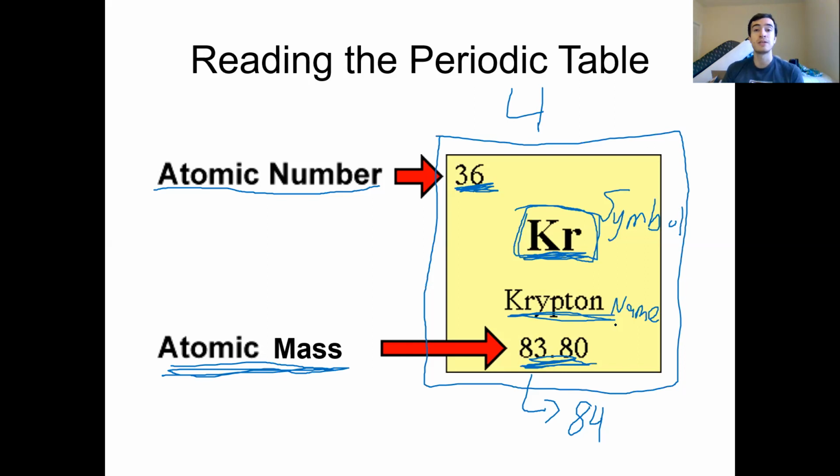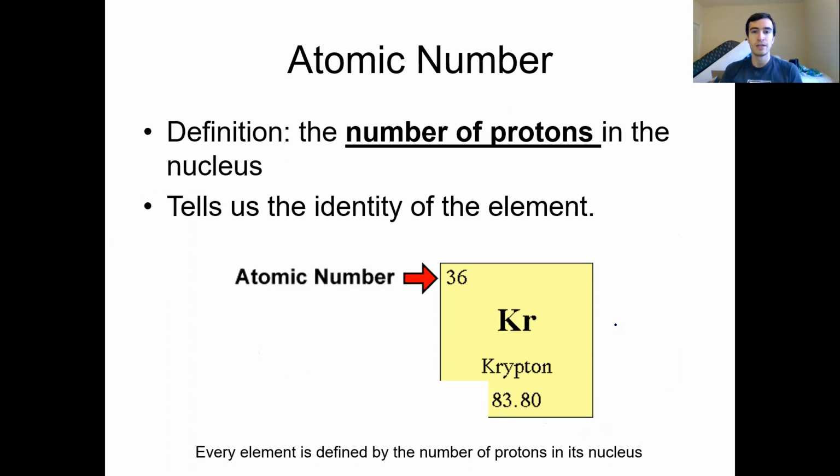Each one of these numbers tells us something about the atom. So let's go through them one by one and figure out what we can determine about an atom from its atomic number and its atomic mass, or its atomic weight. The atomic number, that little number up at the top of the periodic table box, is the number of protons that are present in that atom.